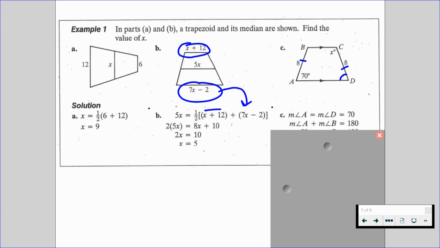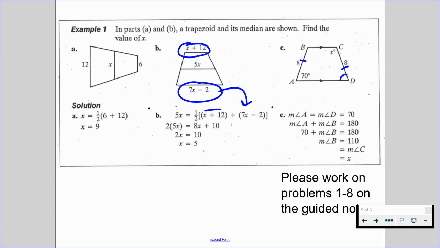We can fill in as we go. The measure of angle A plus the measure of angle B is equal to 180 degrees because they are same side interior angles along a transversal, I should say. Well, we know that 70 plus the measure of angle B is equal to 180. And then we're going to end up with the measure of angle B equal to 110, which is the measure of angle C, which stands for our value of x.